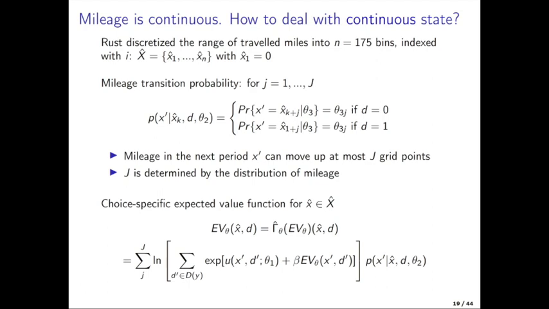So there's something called N, which is the number of bins that the discretized mileage can fall into. If I remember correctly, the state space goes from 0 to 450,000 miles. So if there are 90 mileage bins, then each bin would correspond to an interval of 5,000 miles.